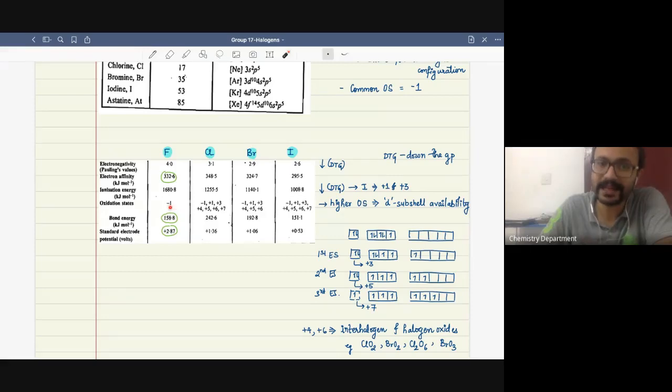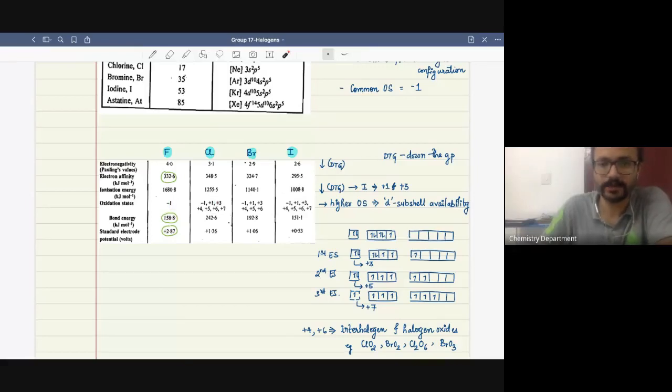And fluorine being highly electronegative, it is reluctant to give an electron. Apart from that, it isn't able to show higher oxidation states because it doesn't have a d subshell to expand its valency. And that is why fluorine only shows a -1 oxidation state.